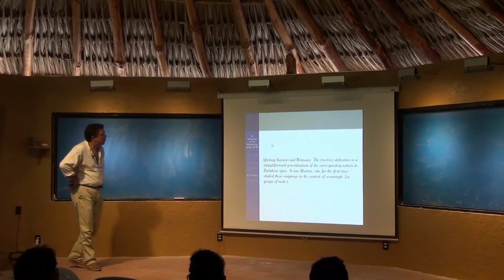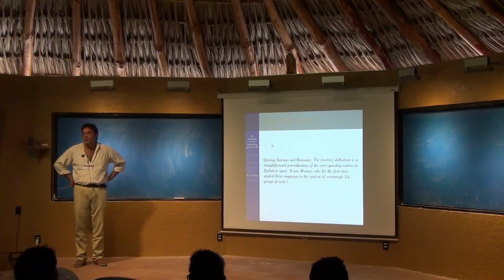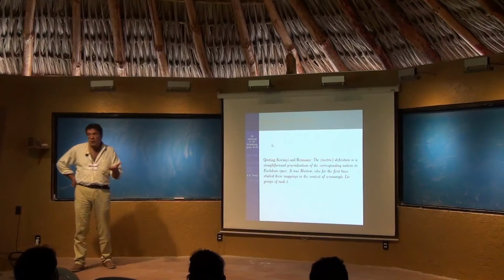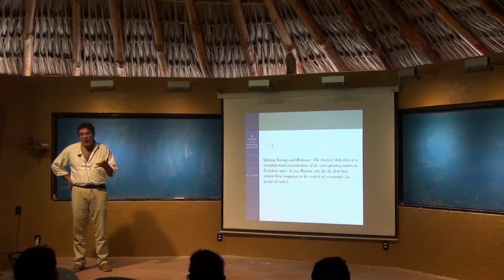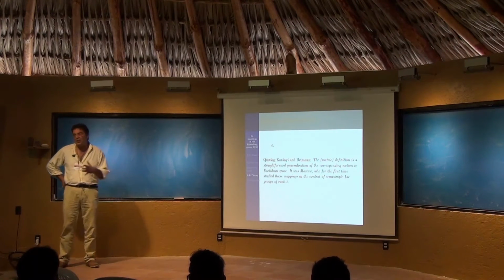Okay, so let us enter into the main theme of this talk: quasi-conformal mappings. You can define quasi-conformal mappings in any metric space. You don't need any assumptions of smoothness, regularity, or whatever.